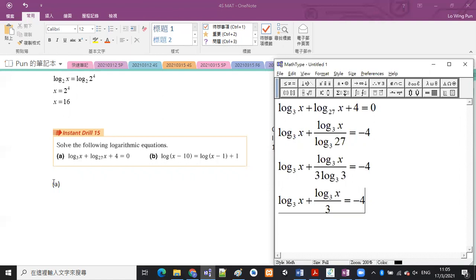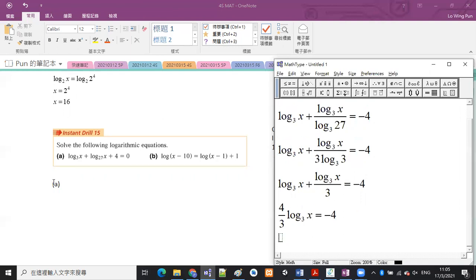So we have 1 log x plus 1 over 3 log x. So when you add the numbers together, it becomes 4 over 3 log x. And then we can multiply the 3 and divide the 4 to the right-hand side, leaving the log x on the left. And the right-hand side becomes -3.